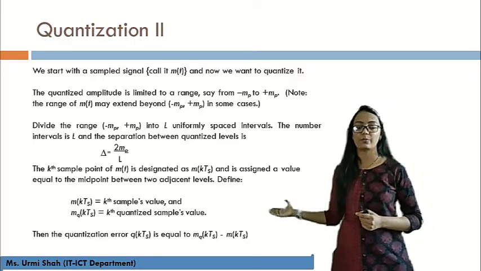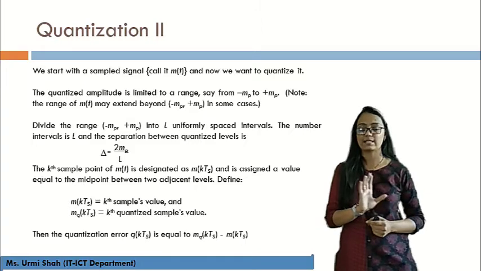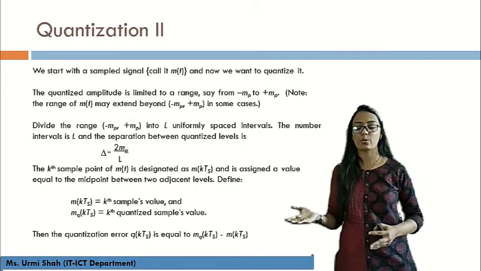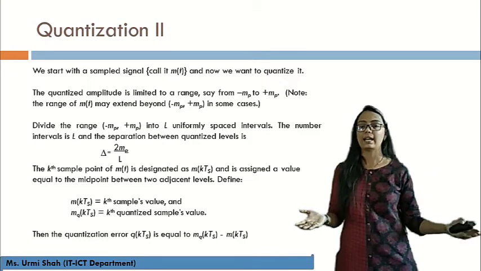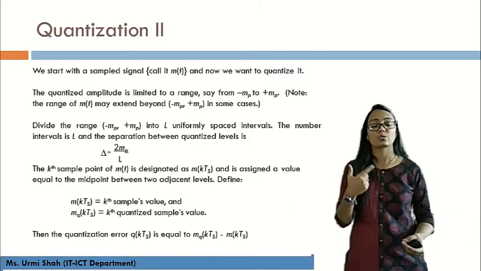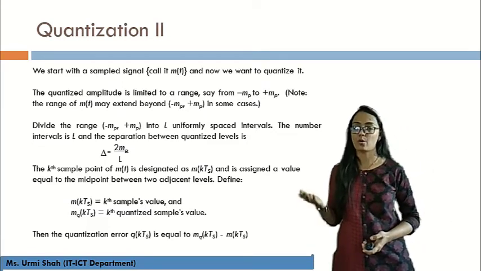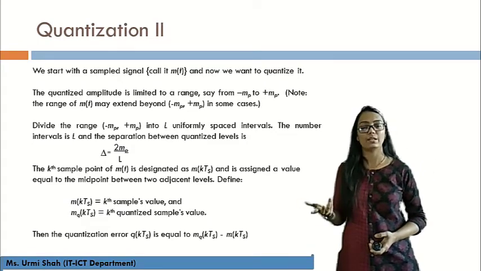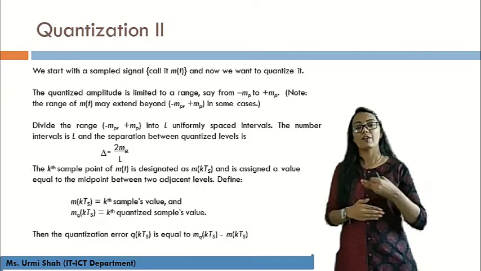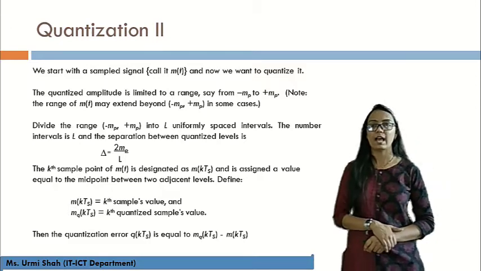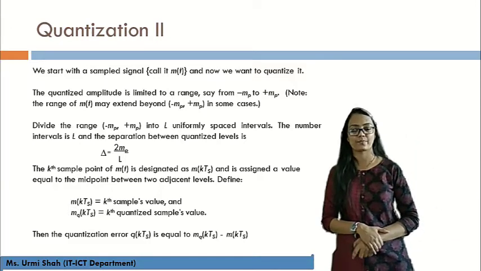So if I am performing m q of kTs minus m of kTs, that is the difference between the quantized message signal and the sampled message signal, and that error value is finite, then there are chances of quantization error. There can be error generation while performing quantization. So this way we will have quantization error.